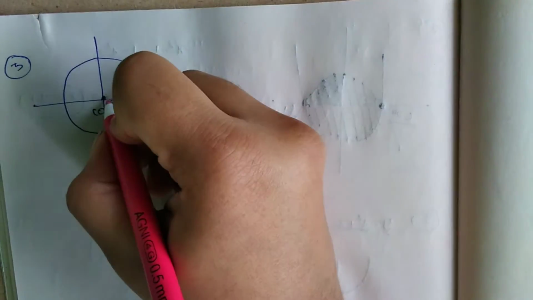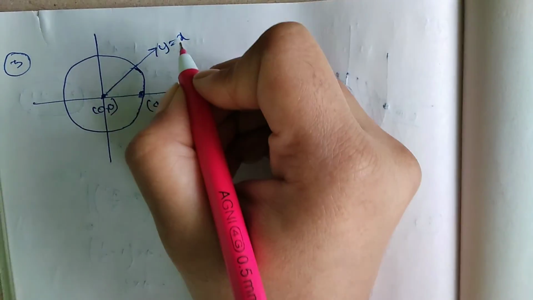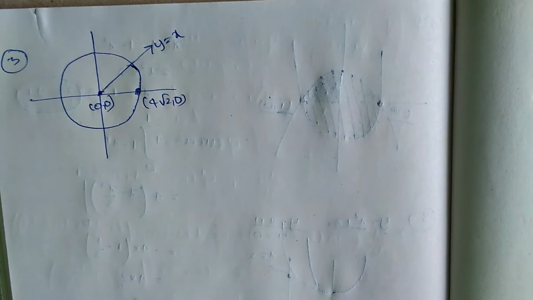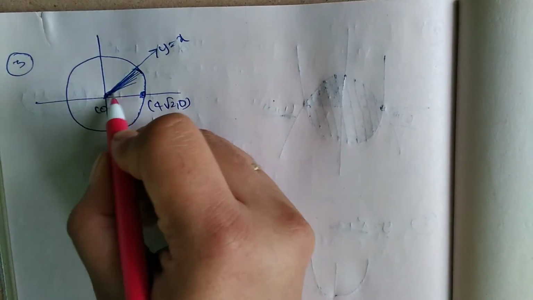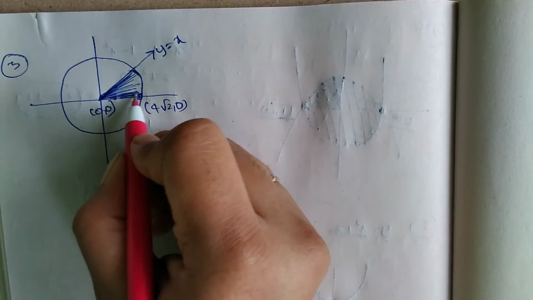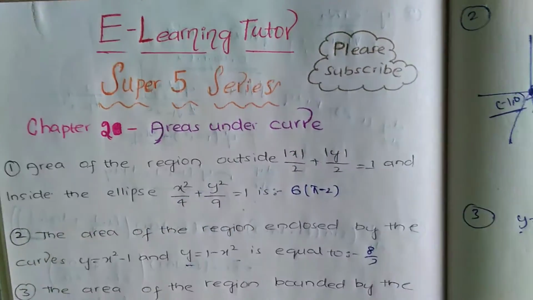First, let's draw the line y is equal to x. So, they are asking this region. Why am I specifically mentioning this? In the question, it is given as x-axis in the first quadrant.